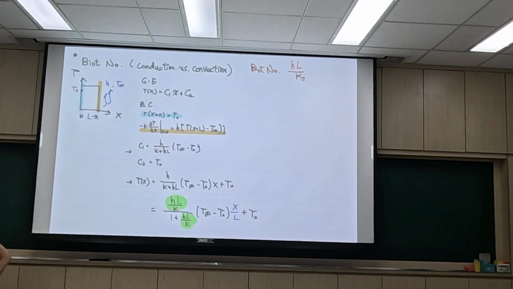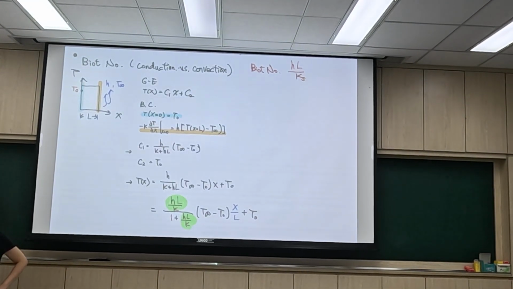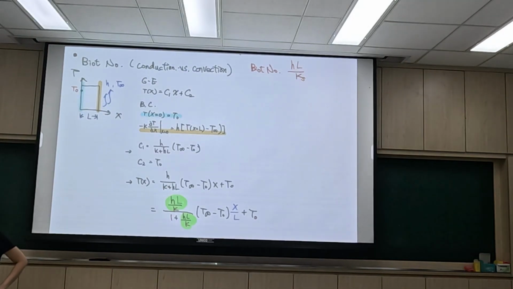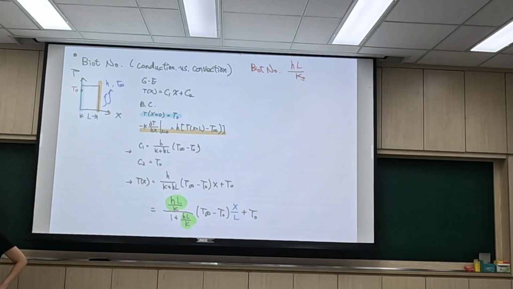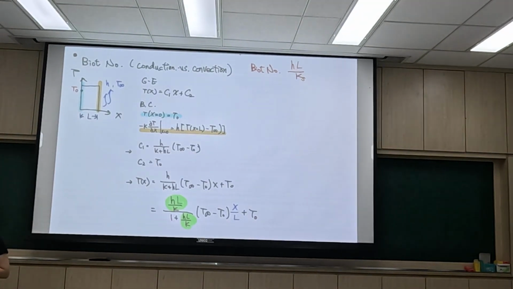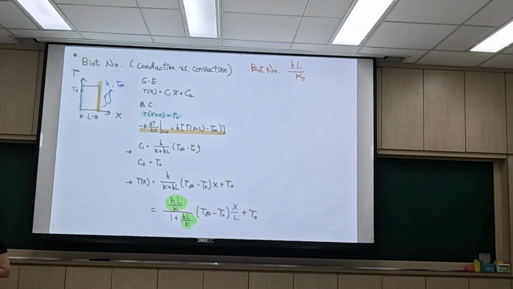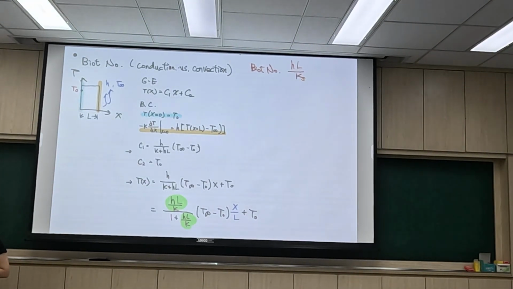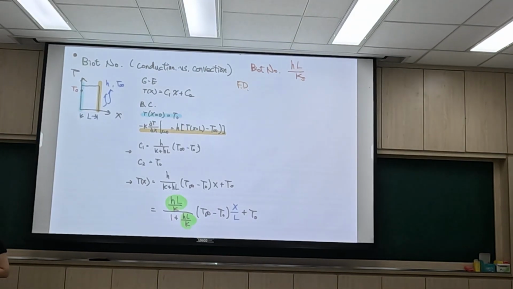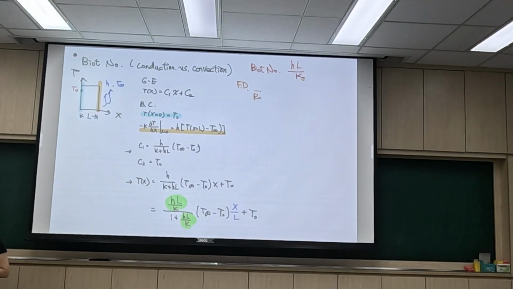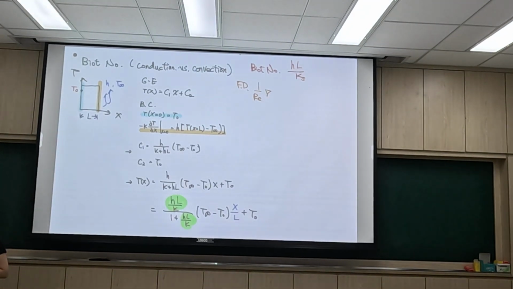So you use the Biot number to make this kind of judgment. This is really like the Reynolds number from the Navier-Stokes equation. If you want me to remind you again, in fluid dynamics, something you need to judge looks like this.